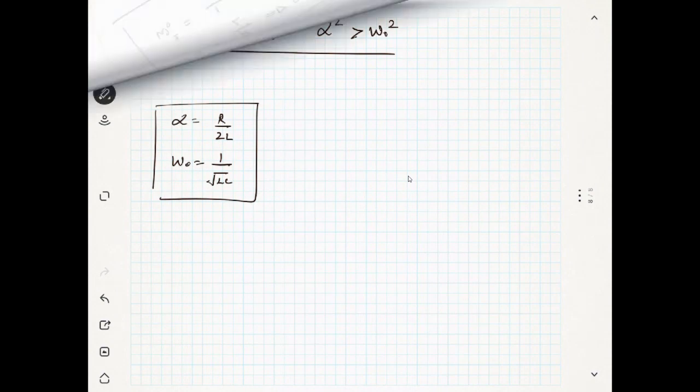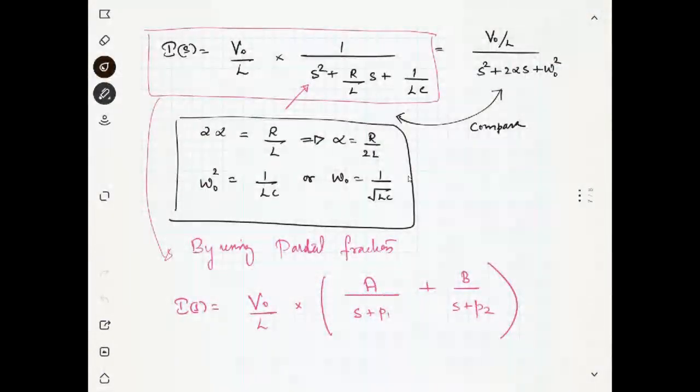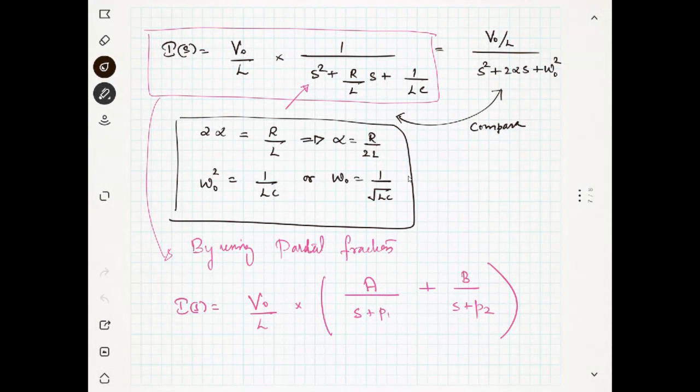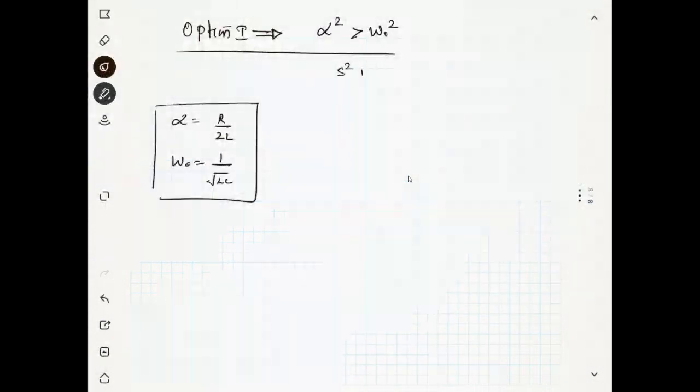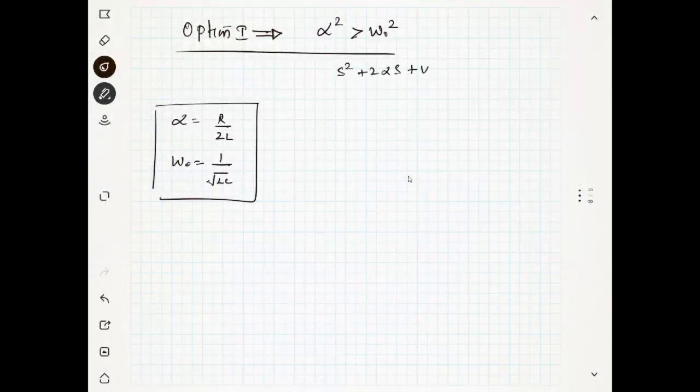You know, the equation was like this, R and L. This was my equation, right? If you take s square plus 2 alpha s plus omega naught square, what will be the root of this equation? What will be s?